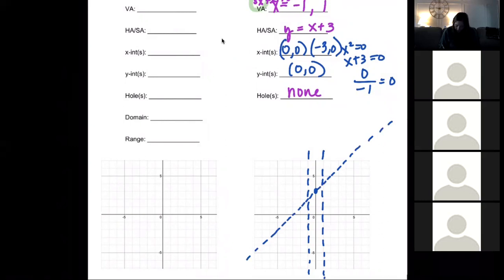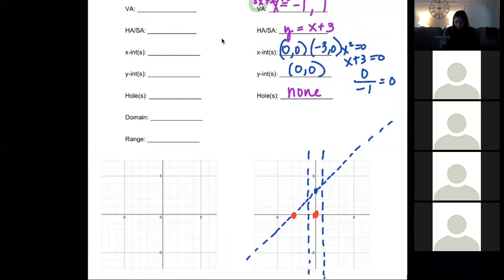So I have intercepts at 0, 0 and -3, 0, which would end up being on the slant asymptote, which is okay because things can go through the slant asymptote, they just can't go through the vertical asymptotes. And then from there, I guess those are the only things I can fill in.